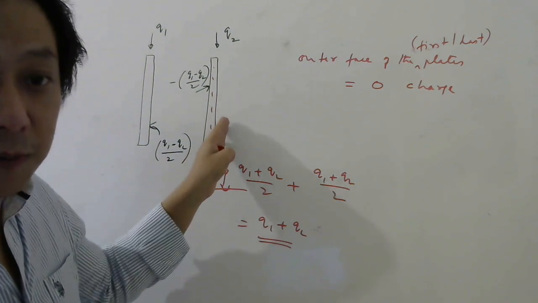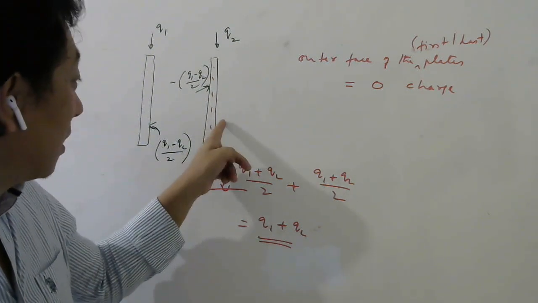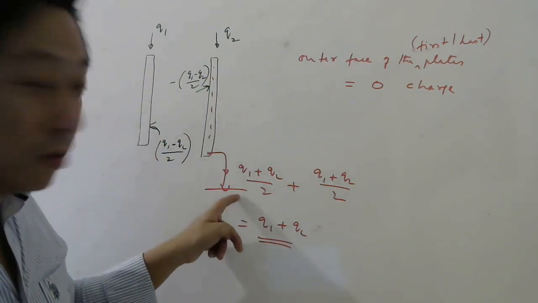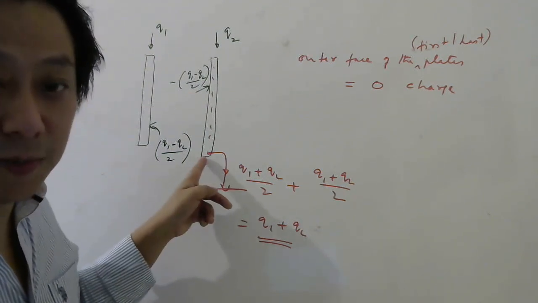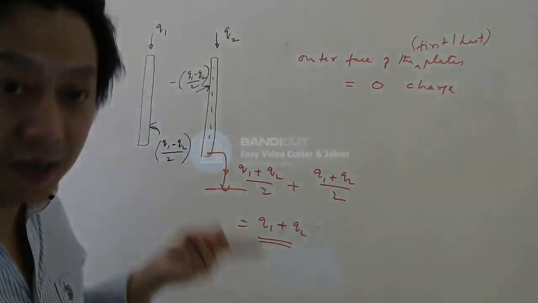And for that to happen, this charge and this charge should go through the ground. But through which plate does it have to go? Through only this plate, right?